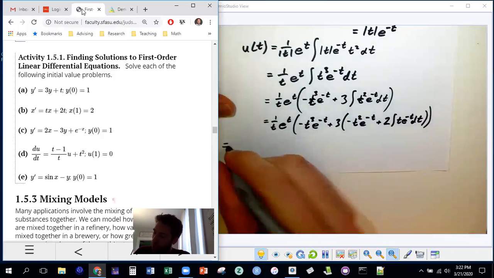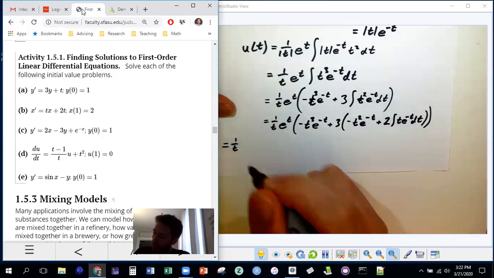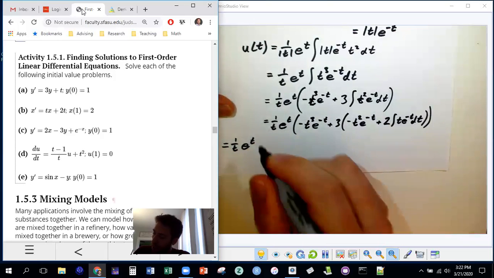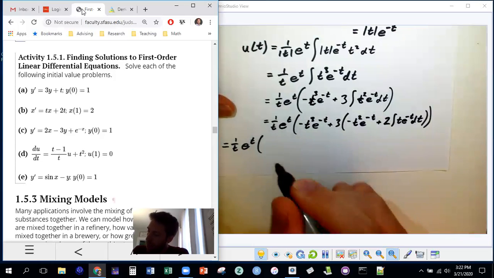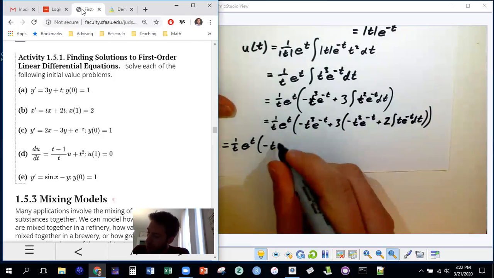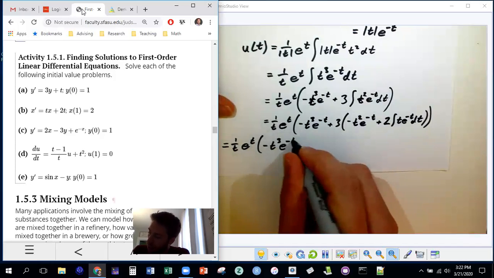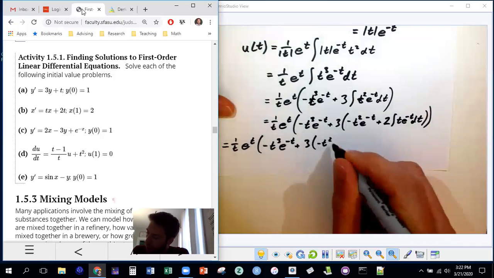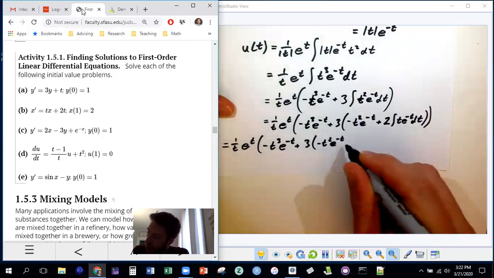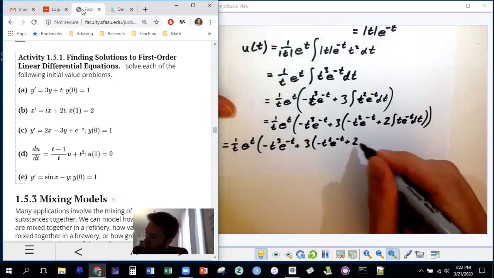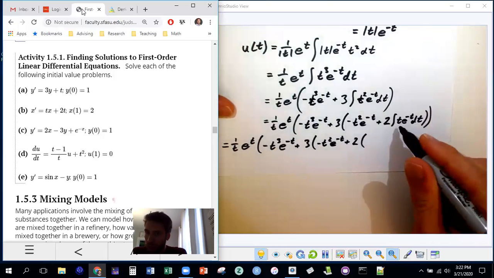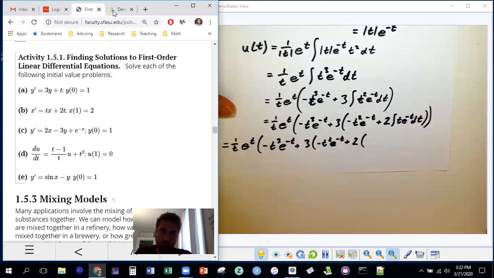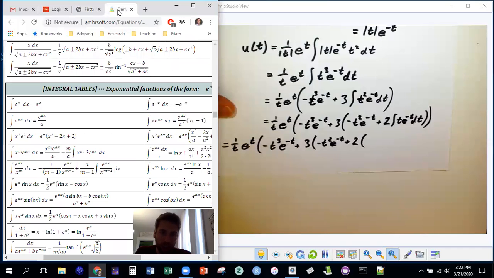So equals 1 over t e to the t times negative t cubed e to the negative t plus 3 times negative t squared e to the negative t plus 2 times, and then here, this one, there's actually an integration table for that, for just regular that, right here.